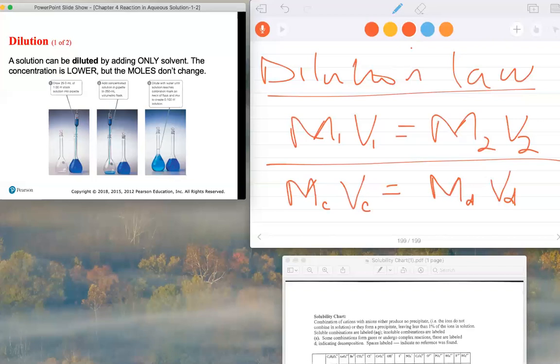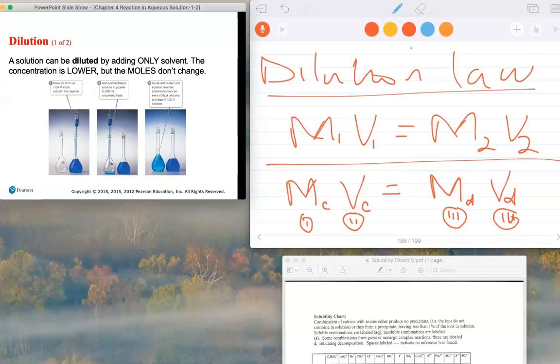Remember, we have four identities in the dilution law. You will be given three, and you are asked to find the fourth missing identity. The question can come from anywhere.